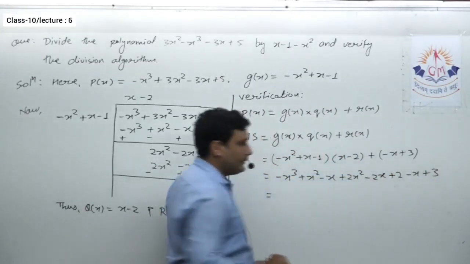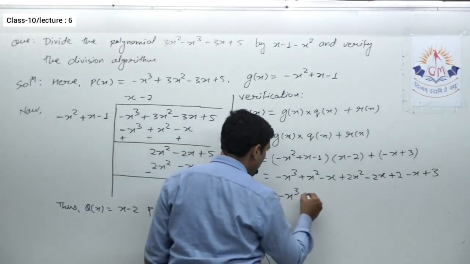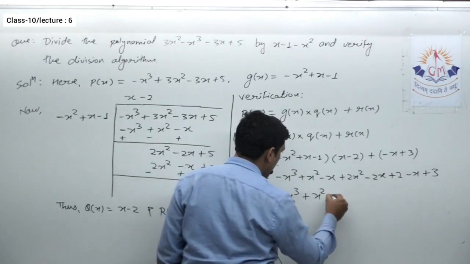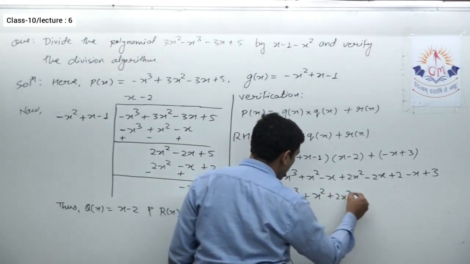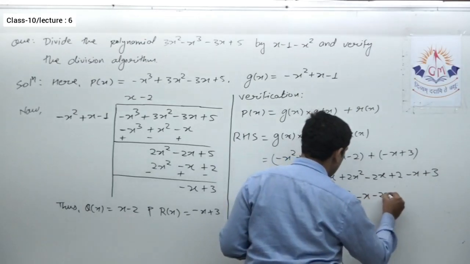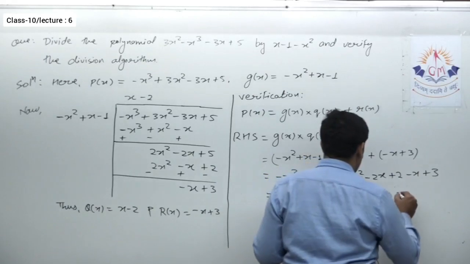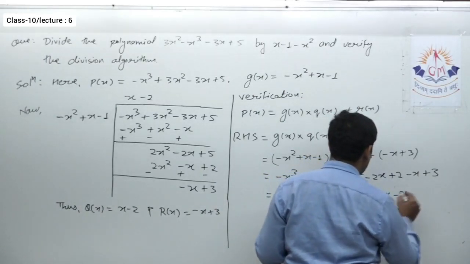Now I write the like terms all together. So here I have minus x cube, then plus x square, then plus 2x square, then minus x minus 2x, again minus x.